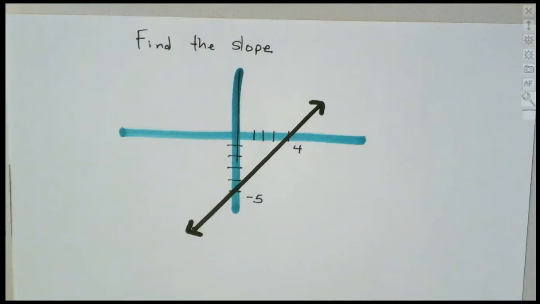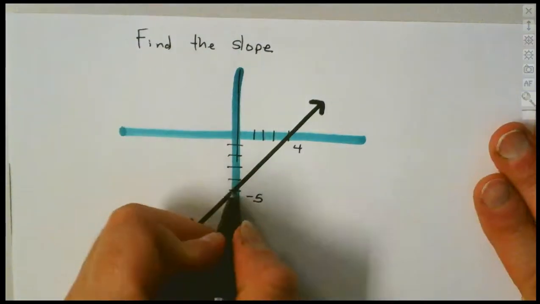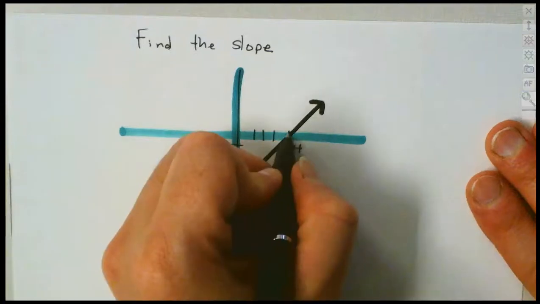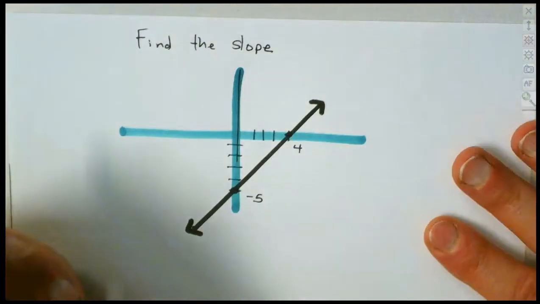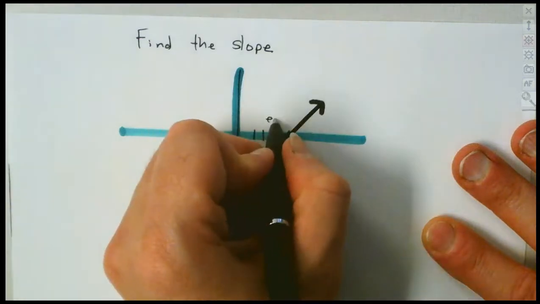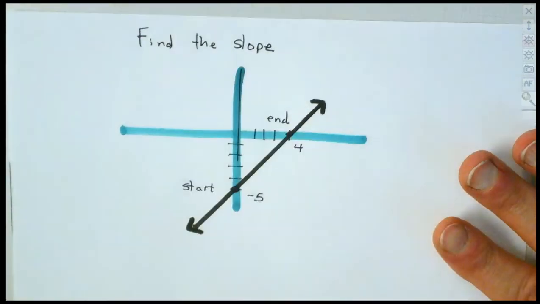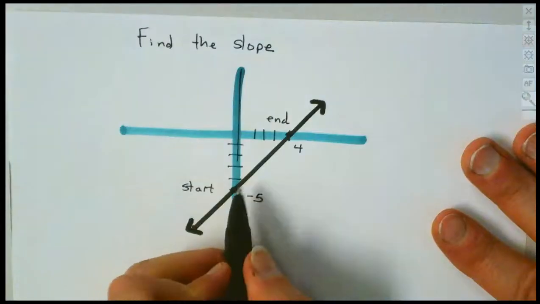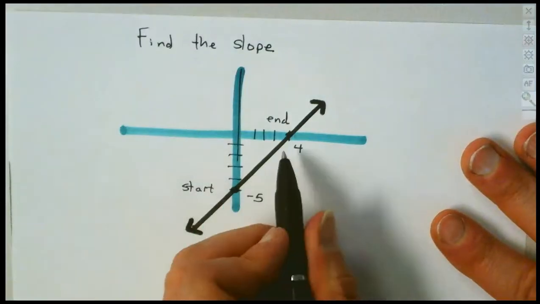Now we need to figure out how to get from one point to the other. It doesn't matter which one we start at. So we're going to start at one point and we're going to end at the other one. So if I want to start here, how do I get to this point? Now we can't just follow the line.